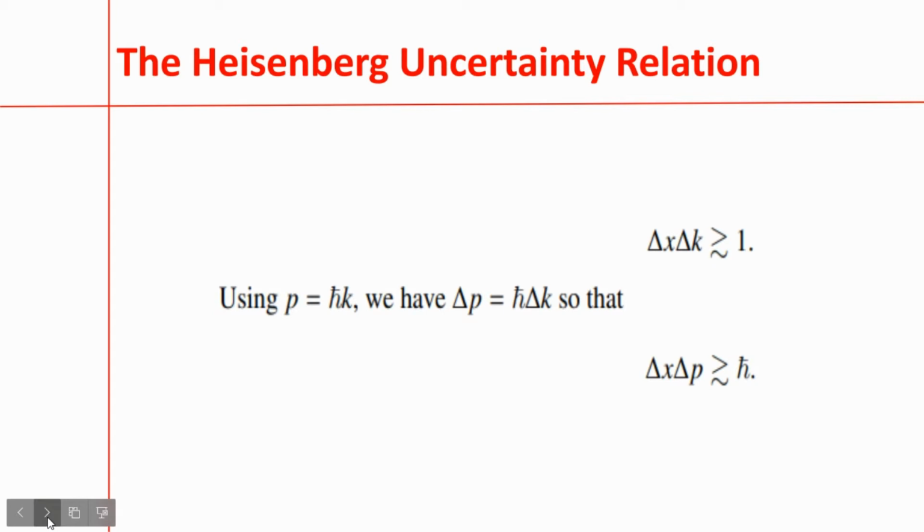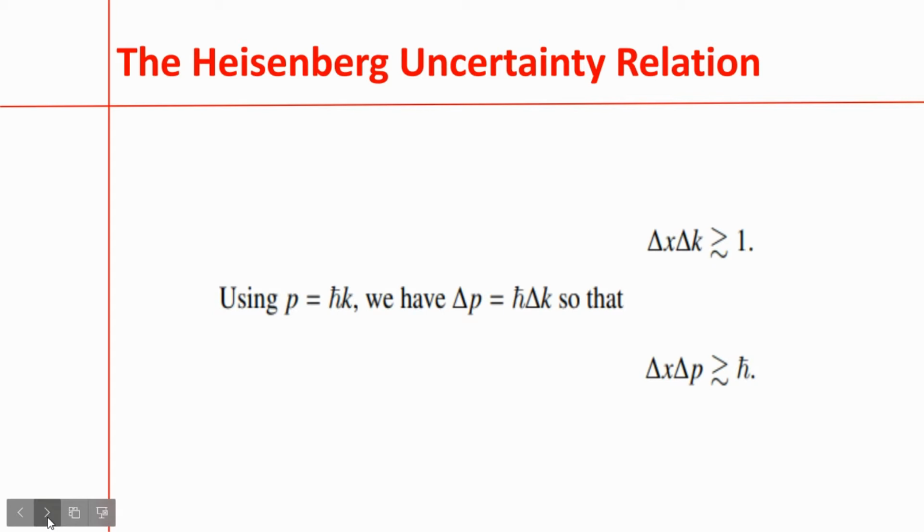We can say that the particle is likely to be found somewhere in the region 2 delta x, and given that wave functions representing a range of possible momentum were used to form this wave packet, we could also say that the momentum of the particle will have a value in the range p bar minus delta p to p bar plus delta p.